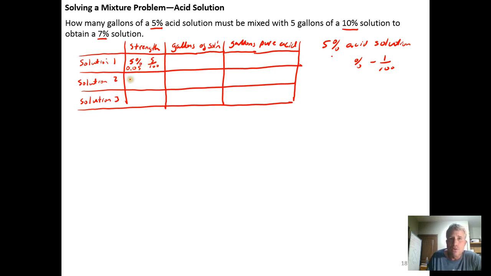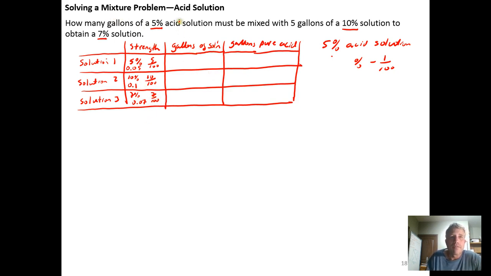The second solution is a 10% solution, but we're going to be doing math with it, so it's either going to be converted into its decimal form 0.1 by moving the decimal place twice, or we think of it as being 10/100. And solution 3 is a 7% solution, so it's either going to be 0.07 or 7/100, depending on the approach that we want to take.